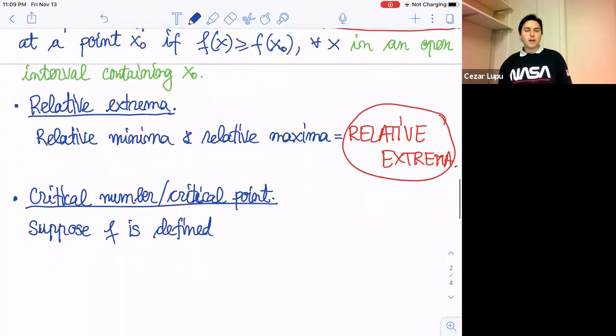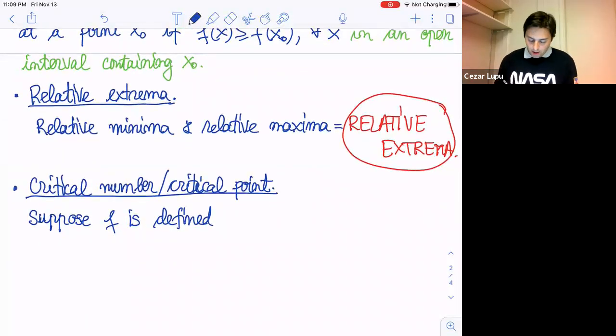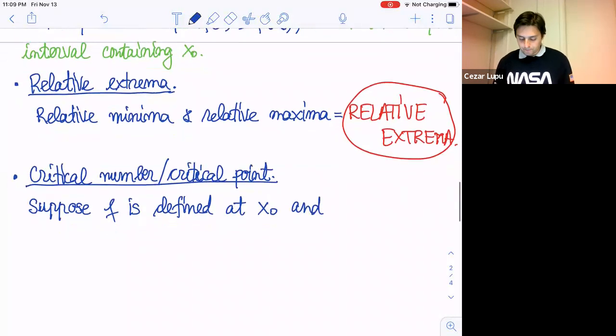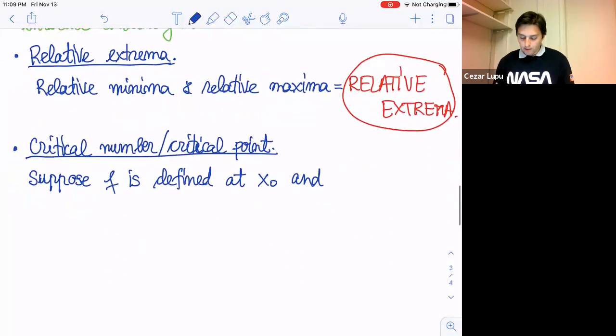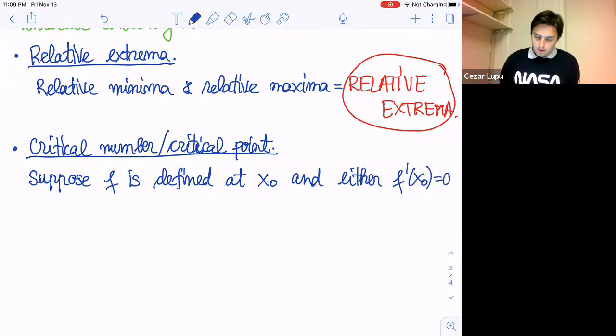So we have a function f, which is defined at x naught. So, and either f prime of x naught is 0, right? Or f prime of x naught does not exist.